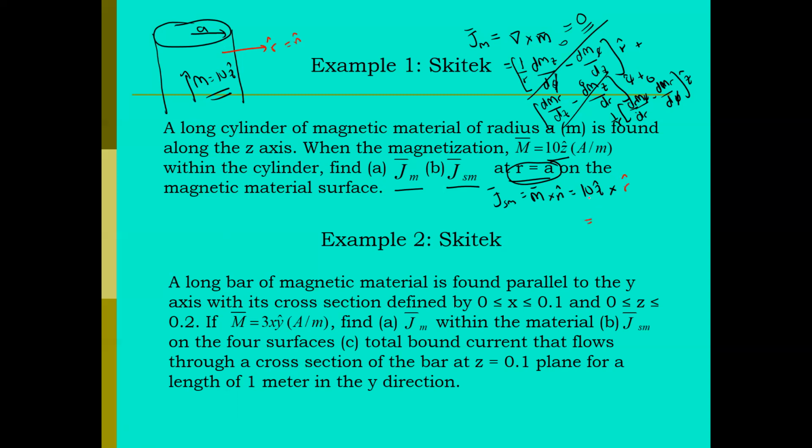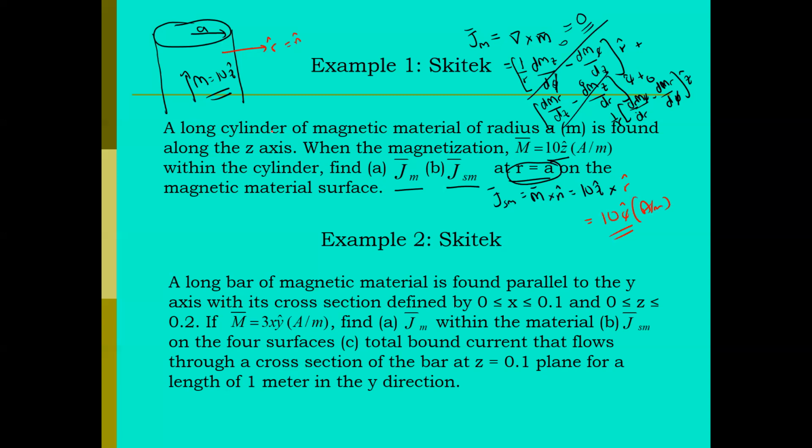And for this, you're going to have 10 in the phi direction, in ampere per meter unit. So that should be your JSM, which is recorded at the radius of r equals a.